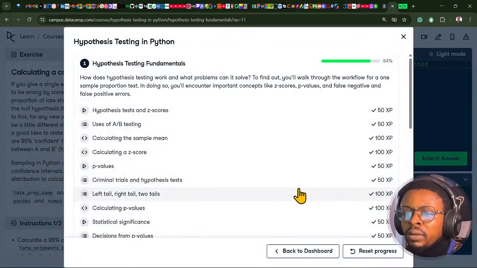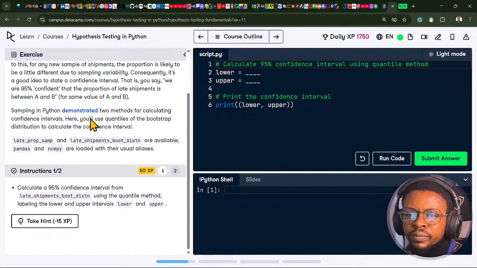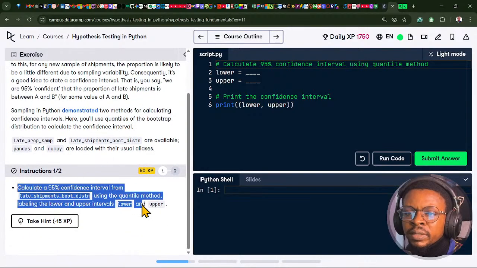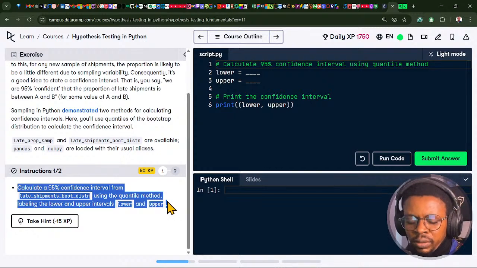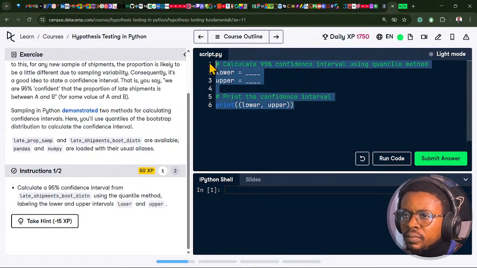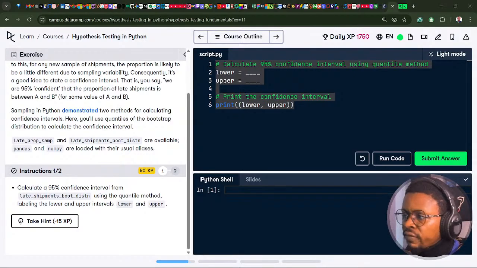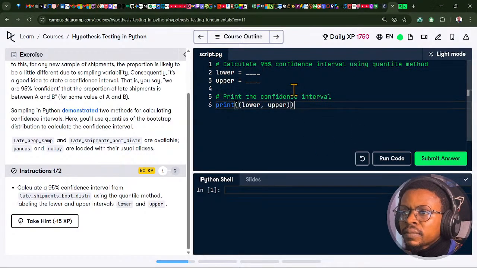So finally, we should calculate a confidence interval. You can calculate a confidence interval from the bootstrap distribution using the quantile method, labeling lower and upper intervals. What is the quantile method? Calculate the 95% significance level.